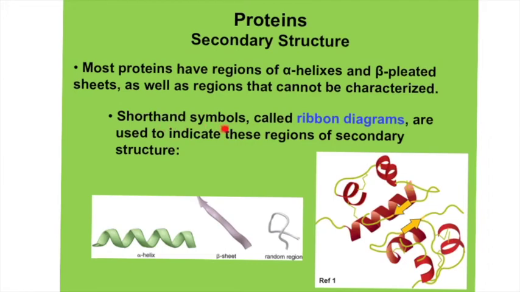Shorthand symbols, which we call ribbon diagrams, are used to indicate these regions of secondary structure. They show an alpha helix like a flat ribbon in a spiral helix structure, beta sheets are shown as flat arrows, and random loop regions are shown like a wire.